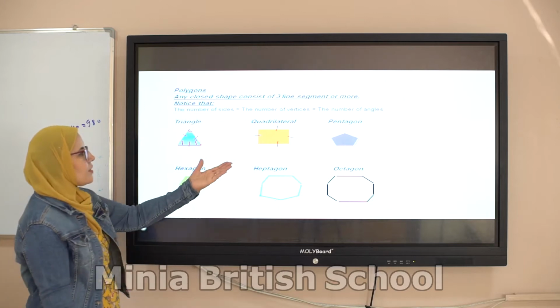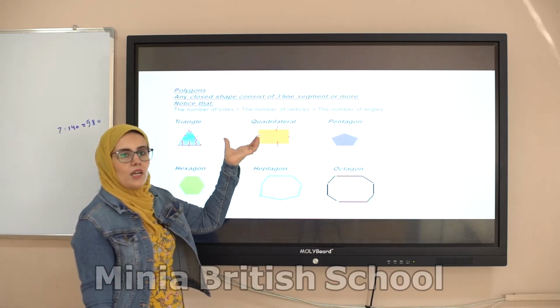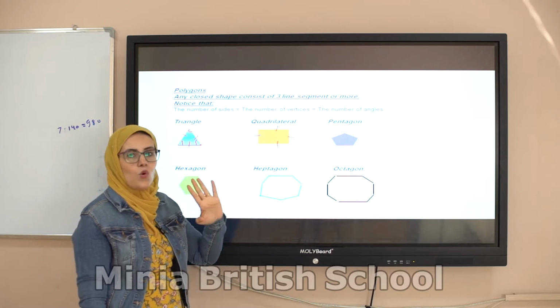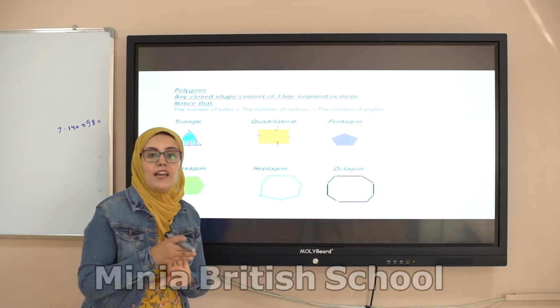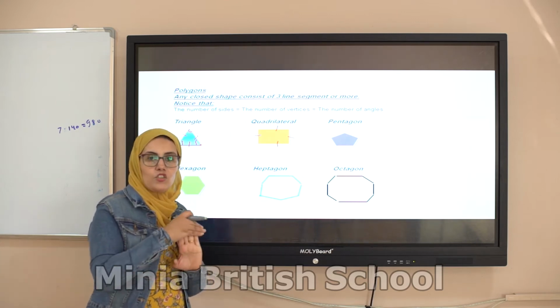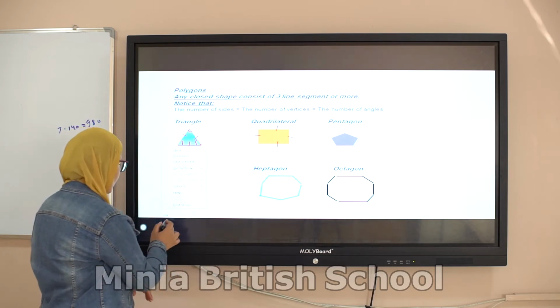Let's see the property of some polygons which have 4 sides. They are called quadrilaterals. We have some quadrilateral shapes, and we will study the property of each one.